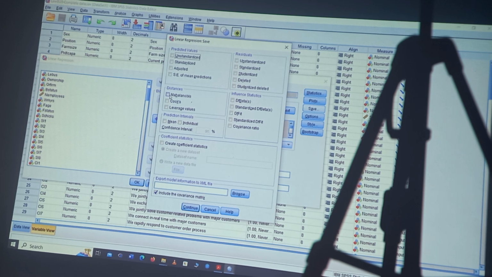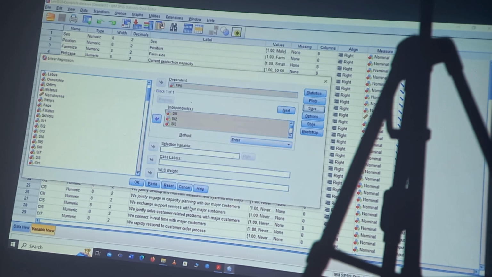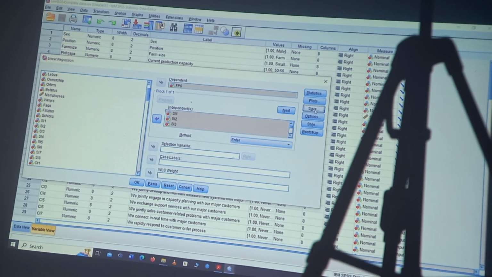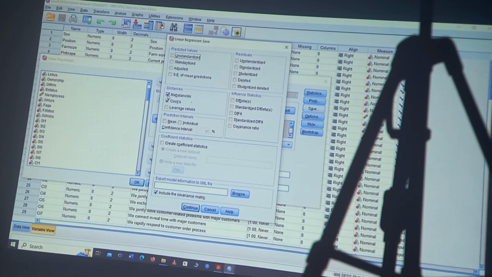Under distances, you take Mahalanobis, right? And then you also take Cook's. These are the two things that you take at the distances. Don't go there. So what are the two? Mahalanobis and Cook's. Then click on Continue.